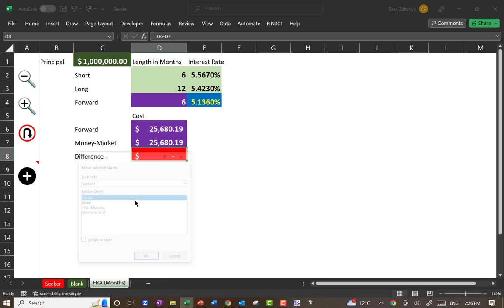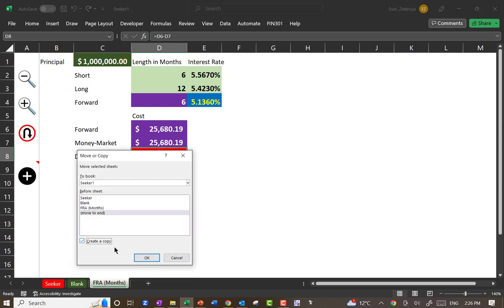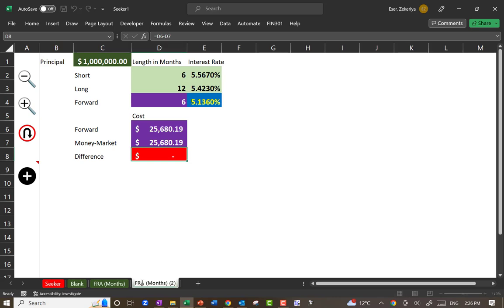And let's create a copy of this with years. In this case, let's see. We're going to go ahead and directly compound things. So I'm going to take 1 million times 1 plus the short rate raised to the power that, minus 1 million.